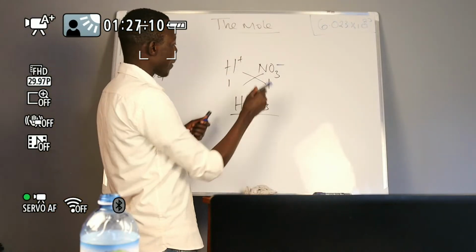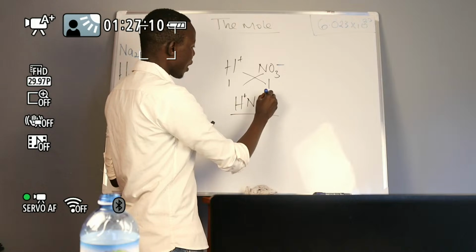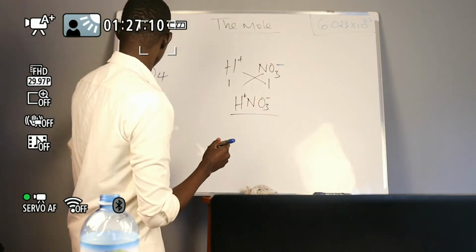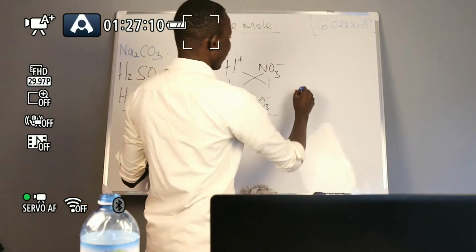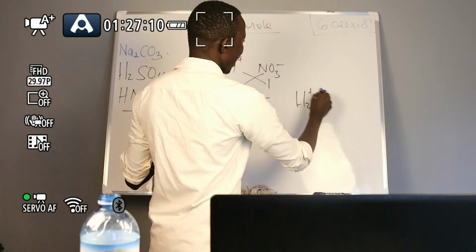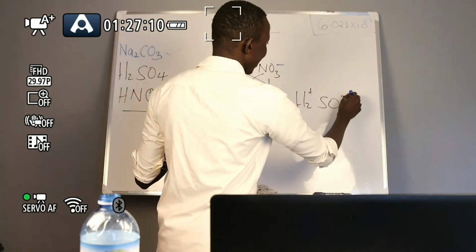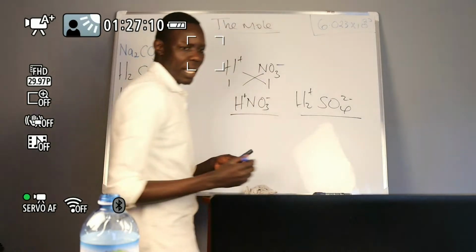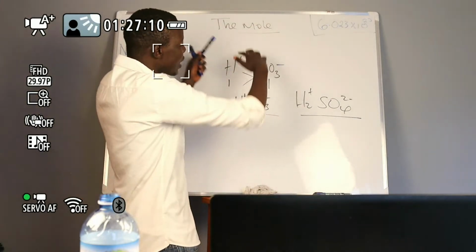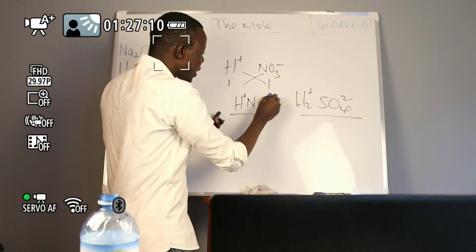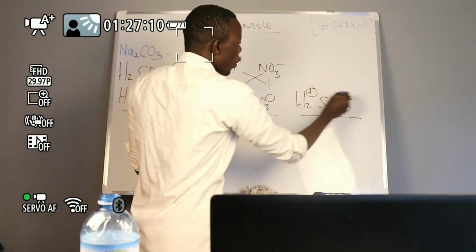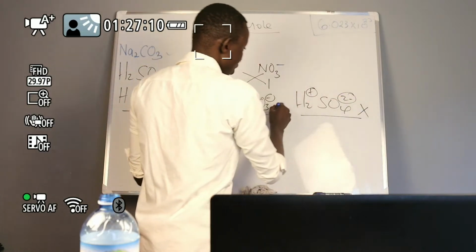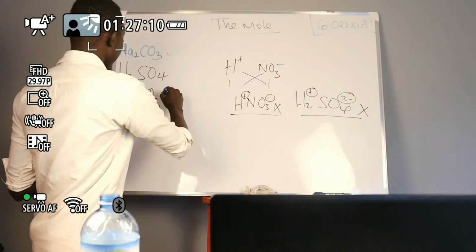They wrote it well, but here they put plus and here minus. For sulfuric acid they wrote H2 plus, 2 minus. That is fine, but the moment you've written the chemical formula, you drop these charges. Don't bring them again. Are you together? Don't bring them again. So it is written like this.